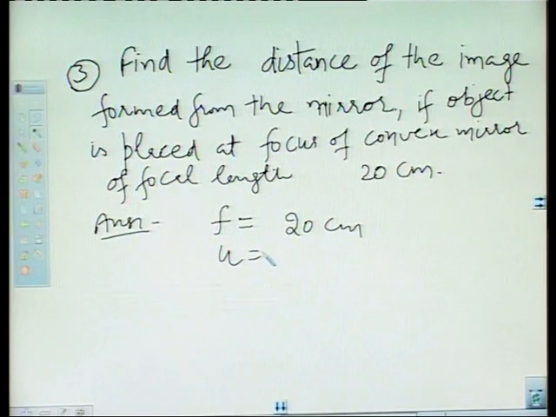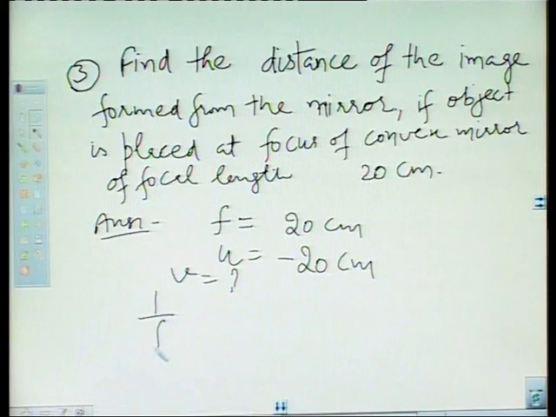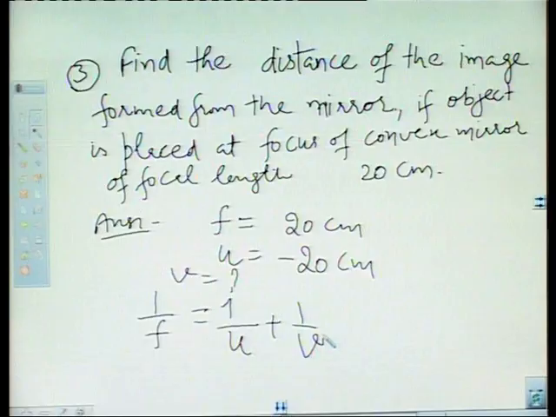Now the object is placed at the focus, so distance of object from the lens is u, which is taken as negative, minus 20 centimeter, and we have to find the distance of image formed. Now applying the mirror formula, 1 upon f is equal to 1 upon u plus 1 upon v.